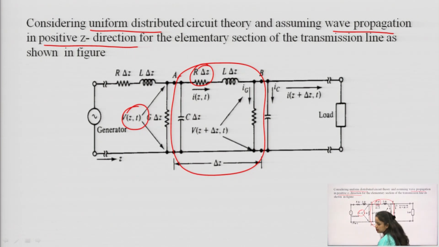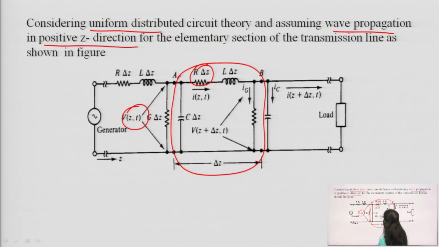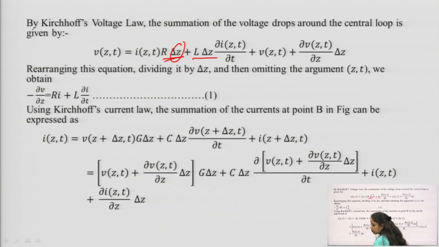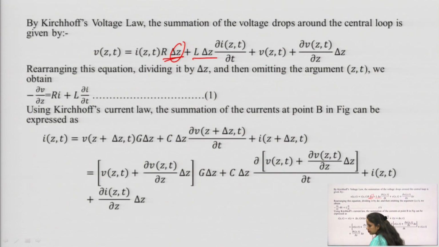Now the inductor, this one L del z times del I(z,t) by del t, and after that, the voltage V(z + del z, t), which is V(z,t) plus del V(z,t) by del z times del z. These are the equations which we get by applying KVL at the central loop of the circuit.